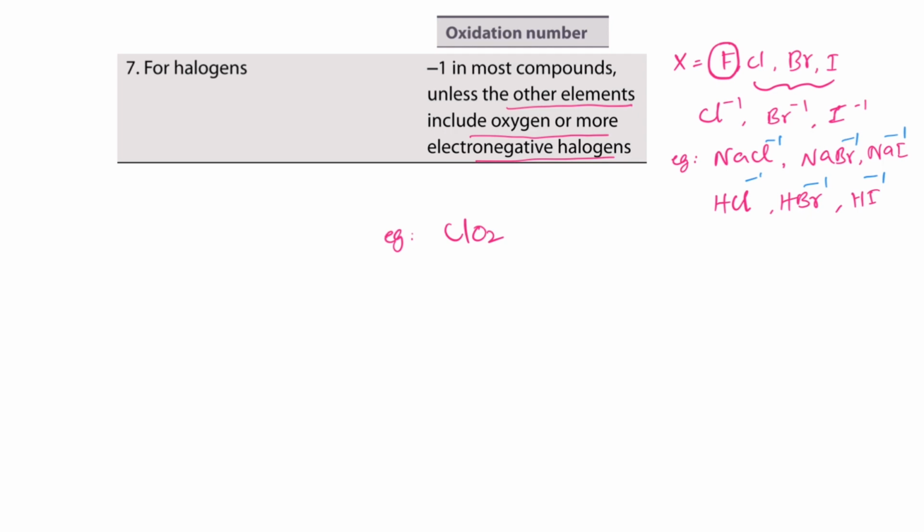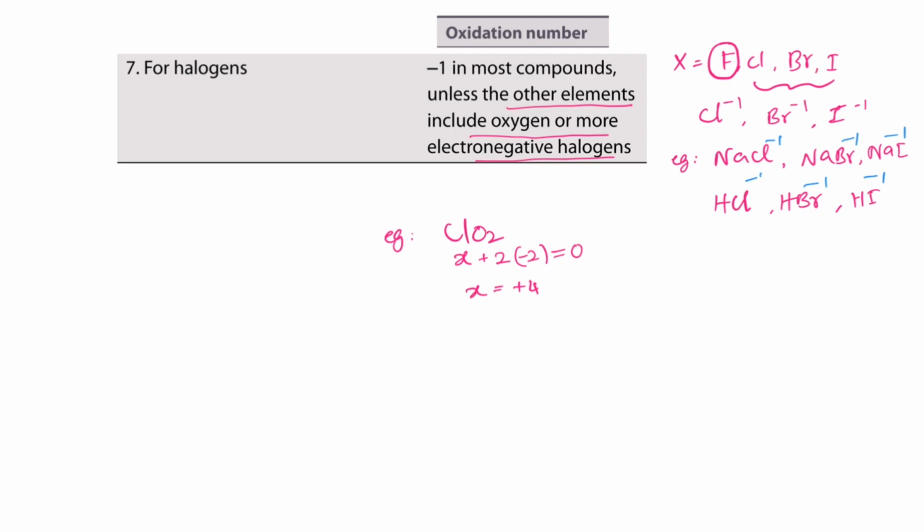Consider chlorine as x, and we already know that oxygen shows minus 2 in its compounds, and the total is equal to 0. Therefore x is equal to minus 2 into minus 2, that is minus 4, which goes to the right side as plus 4. Then it shows the plus 4 oxidation state. So when it is combined with a more electronegative atom like oxygen or fluorine, it shows a positive oxidation state.